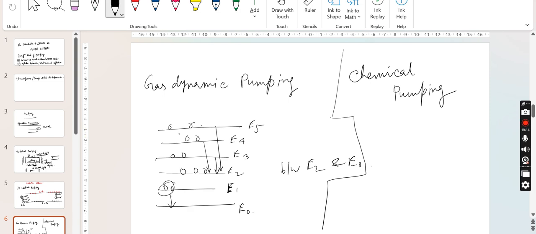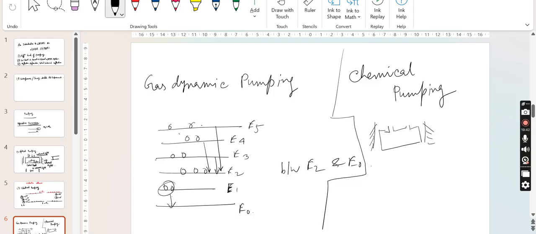So what happens in chemical pumping? In the active medium, inside the cavity, we make a chemical reaction possible. As the product of that chemical reaction, some excited state molecular ions get produced.